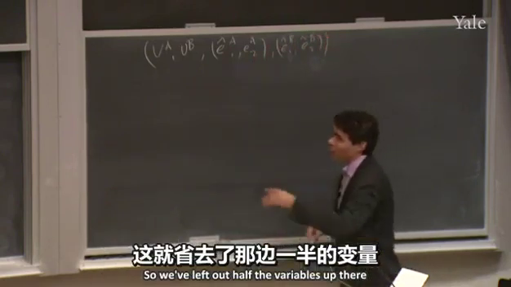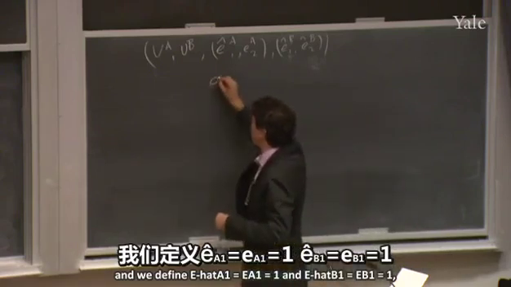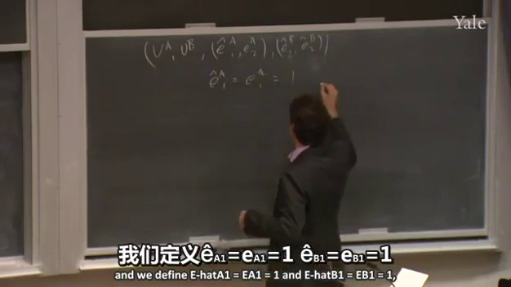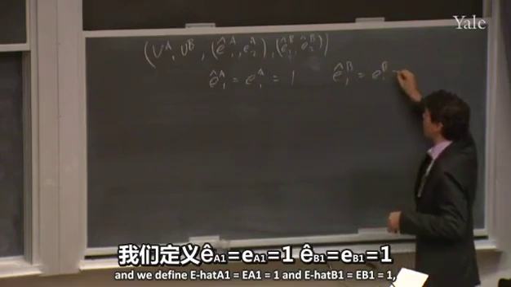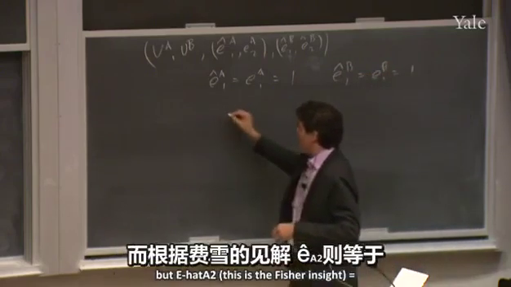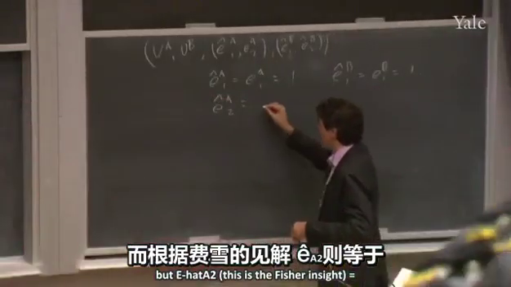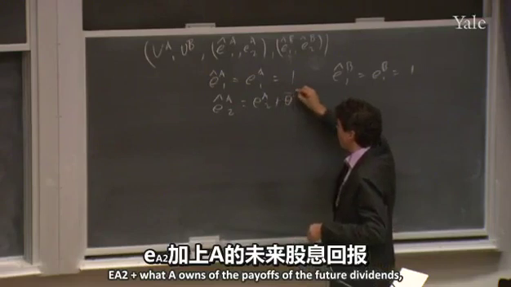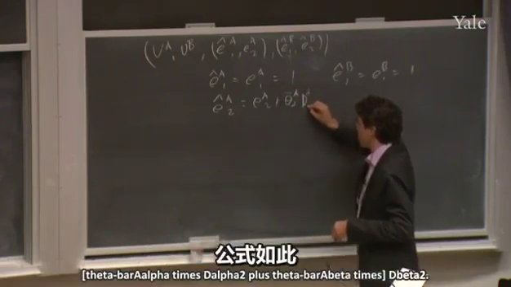Okay, so we've left out half the variables up there, and we define E hat A1 equal to E A1 equal to 1, and E hat B1 equal E B1 equal 1. But E hat A2, this is the Fisher insight, equals E A2 plus what A owns of the payoffs of the future dividends.